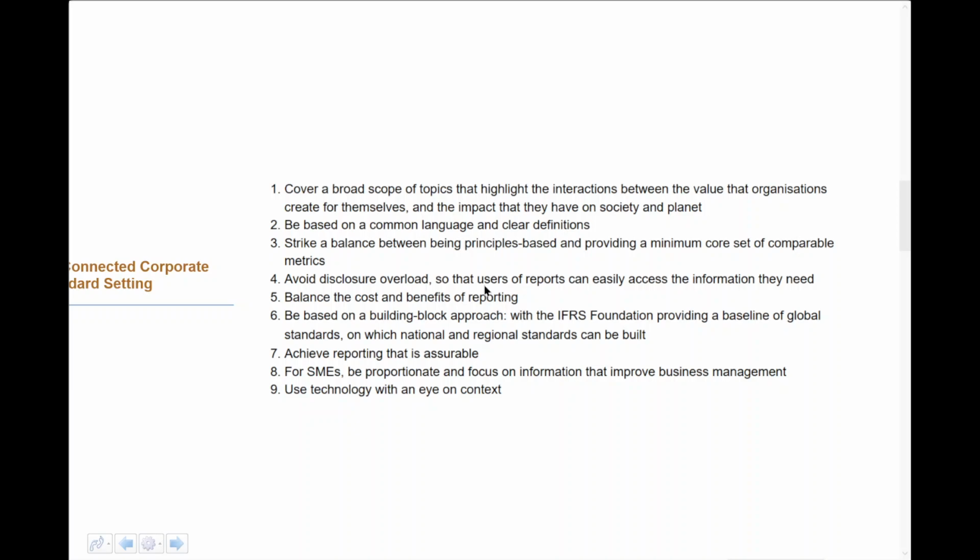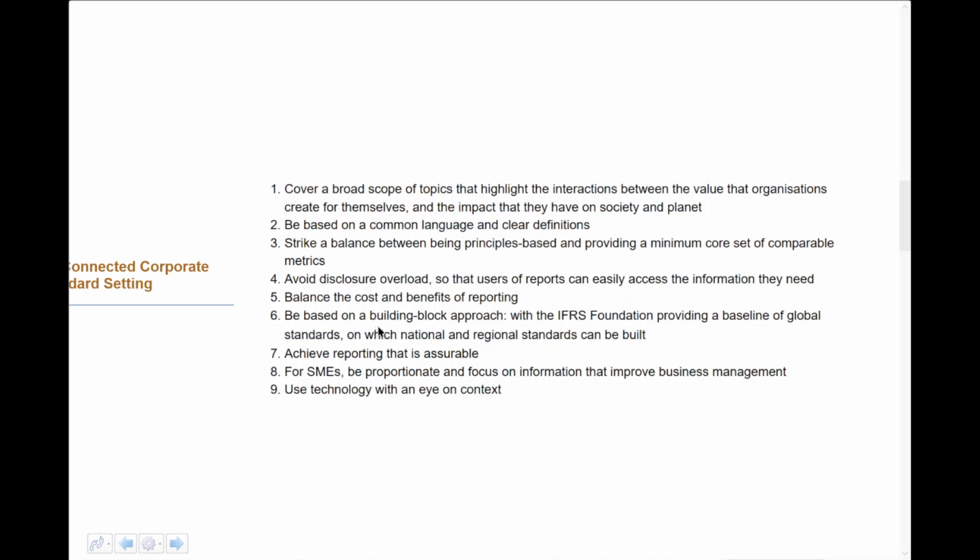We need the users of the report, perhaps society and other stakeholders, to be able to easily access the information that they're looking for. Point number 5 is the old cost versus benefit issue. Clearly, if we are reporting, perhaps on a voluntary basis, businesses do need to balance the cost and benefit.